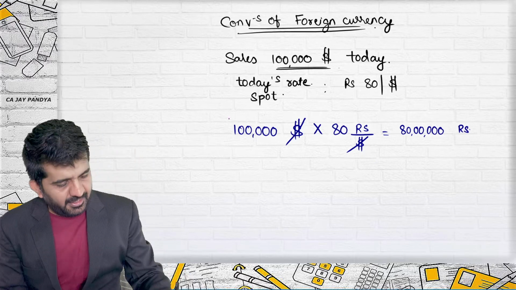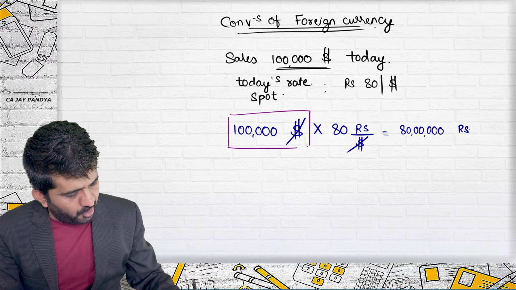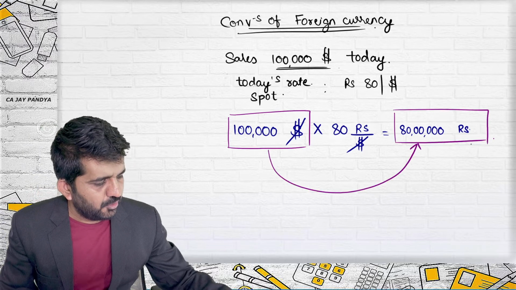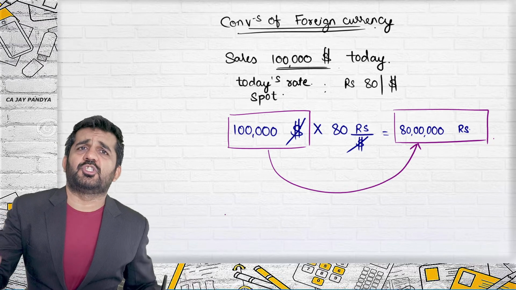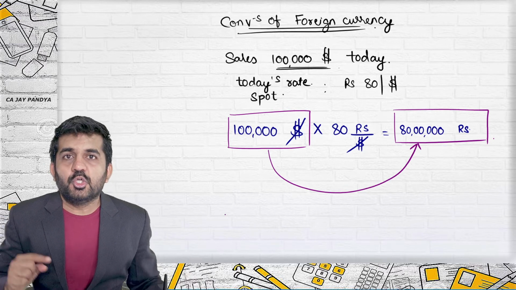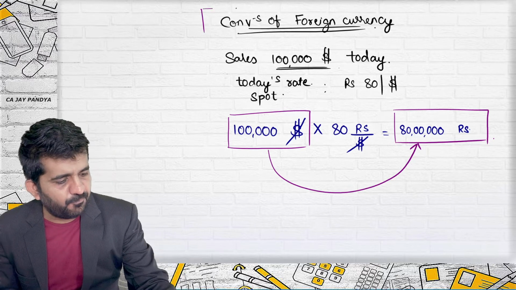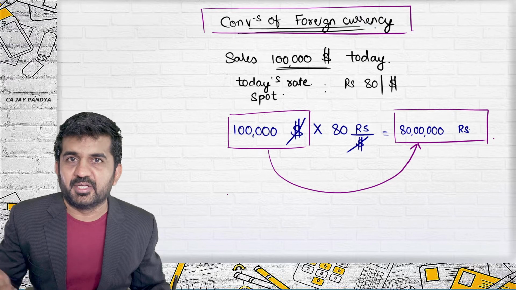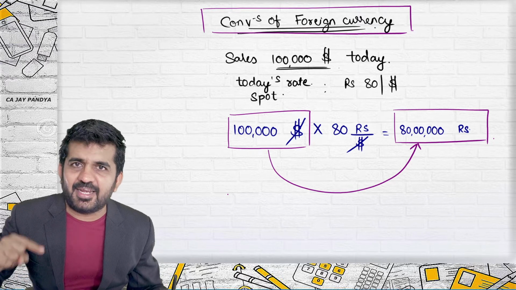Try to concentrate. This 1 lakh dollar is converted into 80 lakhs rupees, which you can use for your journal entry as well as your other purposes of books of accounts. So this is how your foreign currency is converted into home currency. Sir, can we directly multiply it?